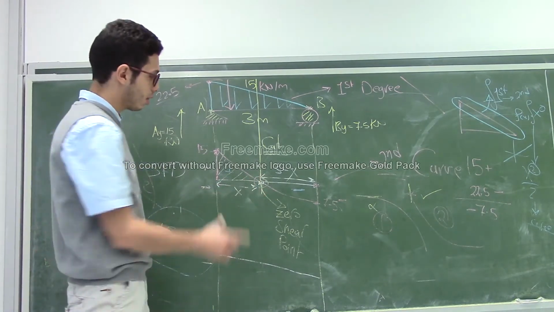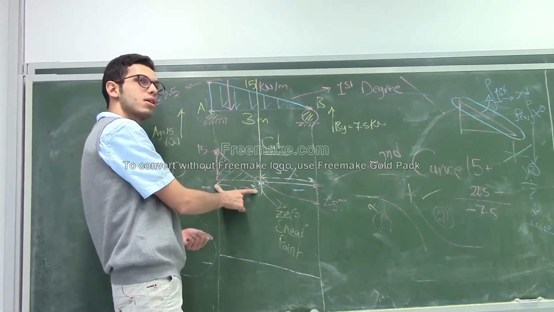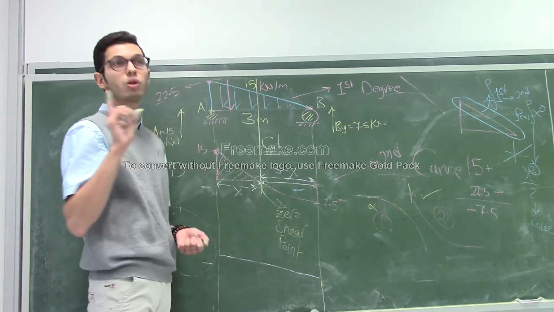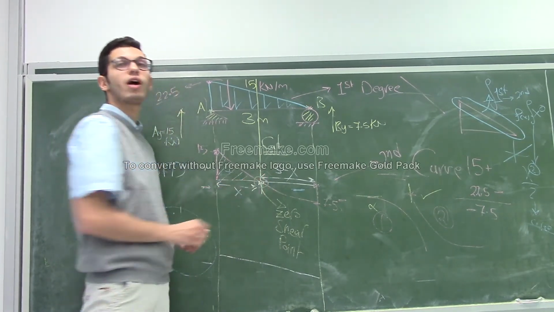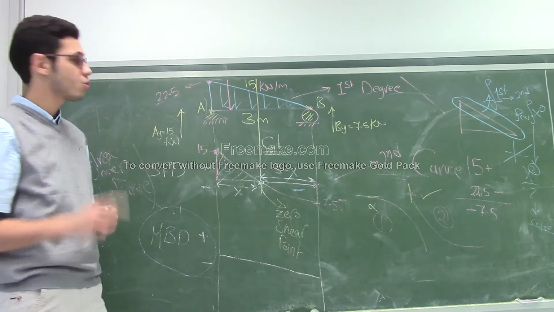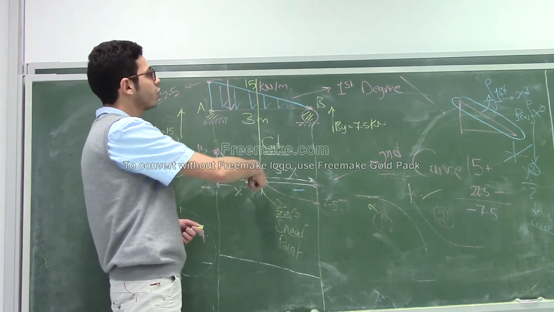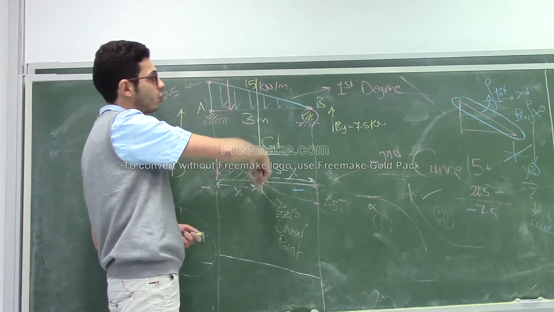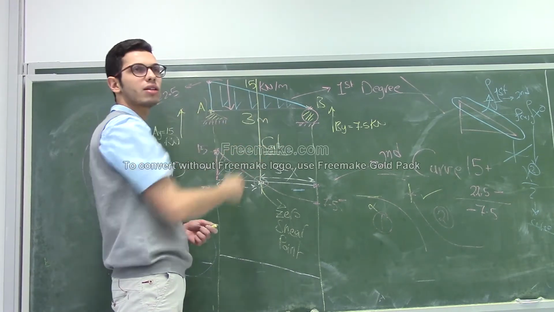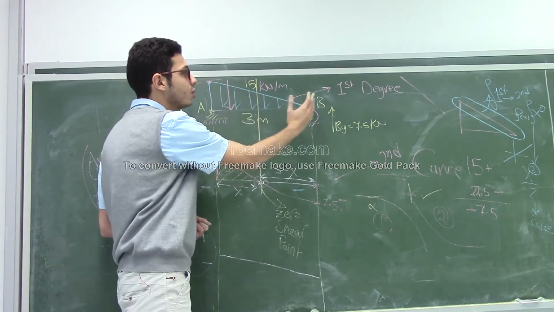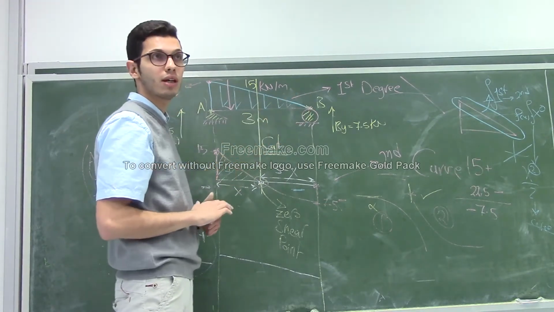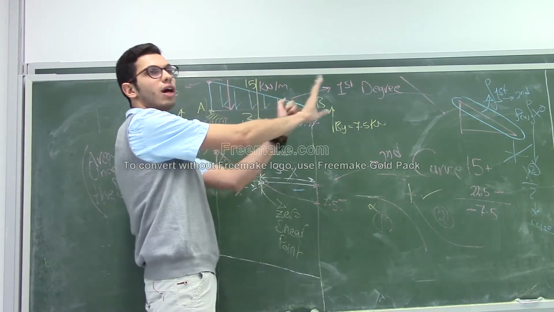The problem is that we don't know the value of x. But we know something very important, that at this point the shear value is equal to 0. So if we go back to this beam and make a cut, always take the side that contains the triangle shear, which is here, in this case, the right side.